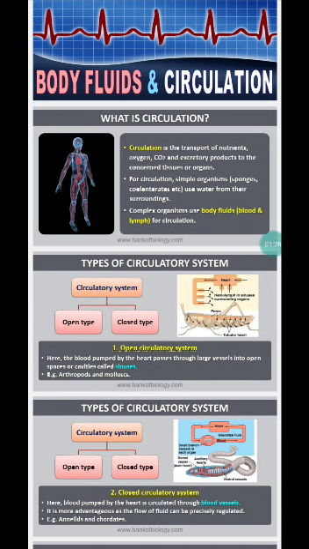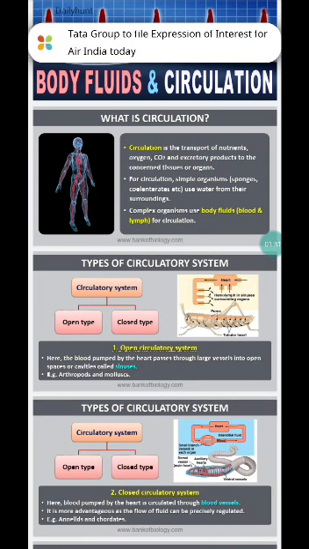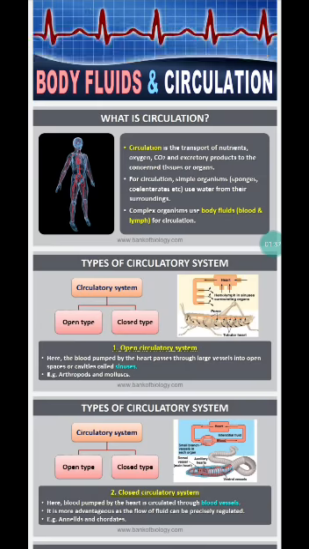Okay. Now, in organisms, there are two types of circulatory systems. One is the open circulatory system, the other is the closed circulatory system. What do you mean by an open circulatory system, children?